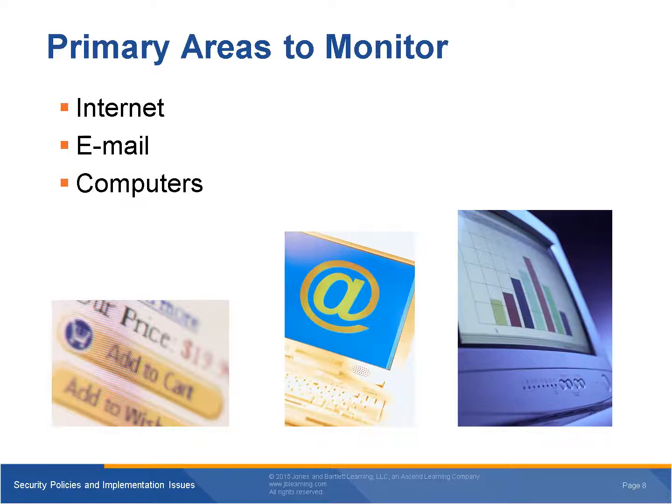Internet use is typically monitored for access to inappropriate sites such as those that contain pornography or obscene material. Access is also monitored for unauthorized access to subscription-only sites. Access to competitor sites or copyrighted material can be monitored. Uploading confidential material is a potential problem.